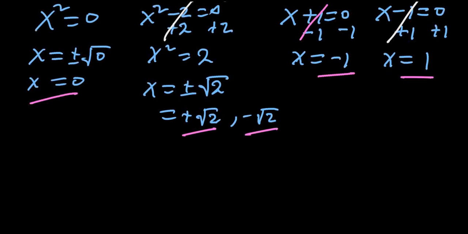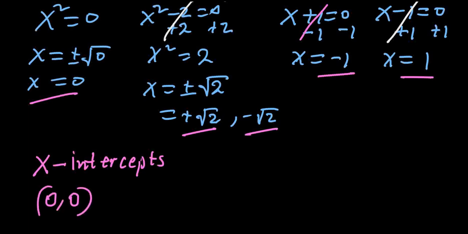Now, we have to write the x-intercept. So the x-intercepts occur in the first place when x is 0, y will be equal to 0. So this is the first x-intercept.